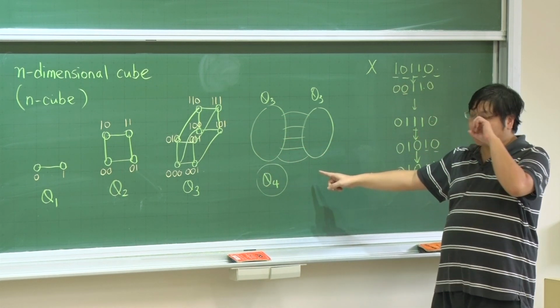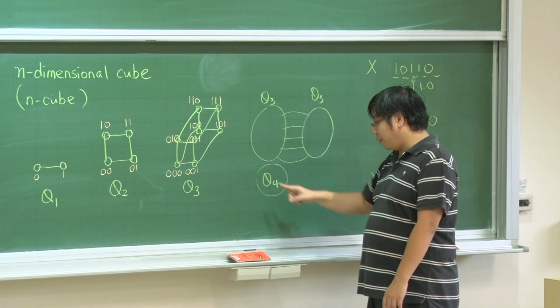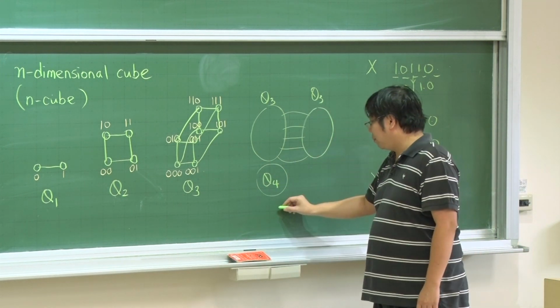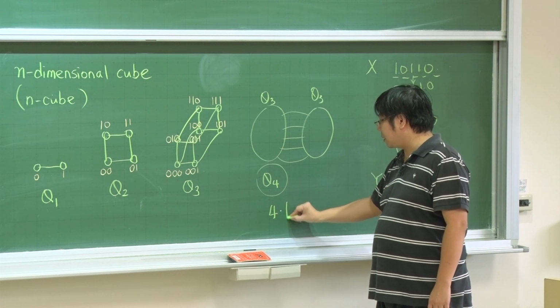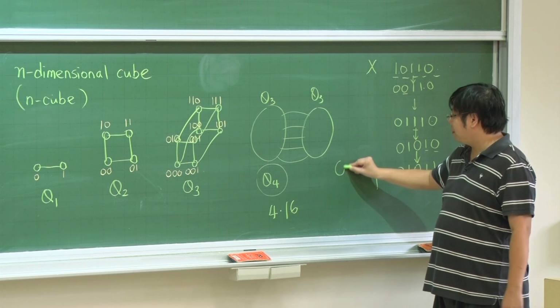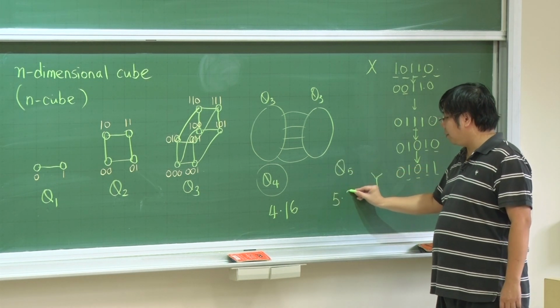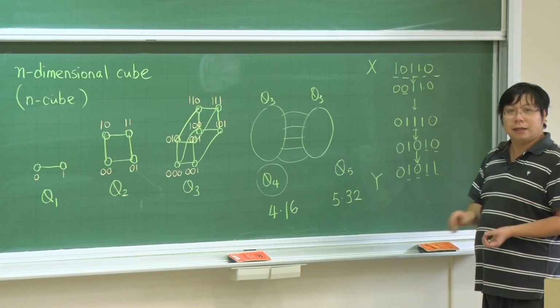So here, everyone should have degree 4. So the number of edges in total here will be 4 times 16. Is that okay? And in a Q5, the number of edges will be 5 times 32. Is that okay?